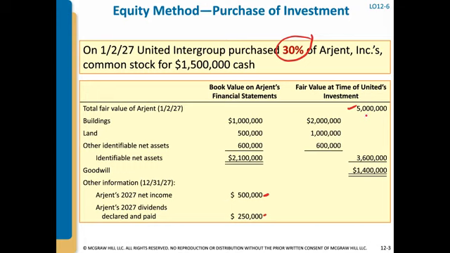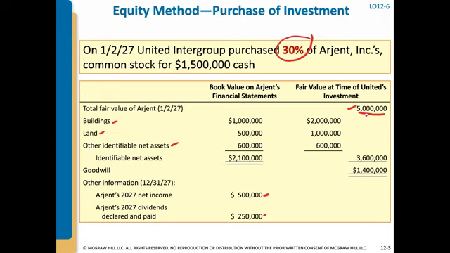In this situation, United paid $5 million for 30% of Arhant. There are identifiable net assets, because goodwill is not identifiable, it's intangible. It's just created via the purchase of the stock.